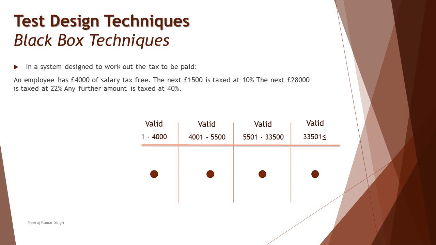Next 28,000 is added to 5,500, so 5,501 to 33,500 is my third range, where employees are charged 22%. And any further salary, which is 33,501 onwards, will be taxed at 40%.